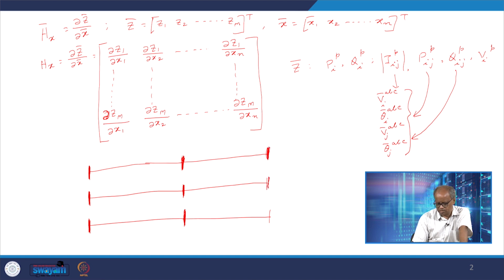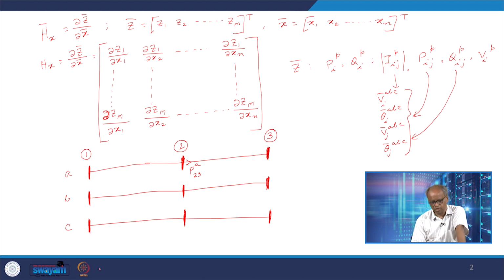So, this is bus 1, bus 2, bus 3, and this is phase A, phase B, phase C. Now, suppose I have measured a quantity P23A.